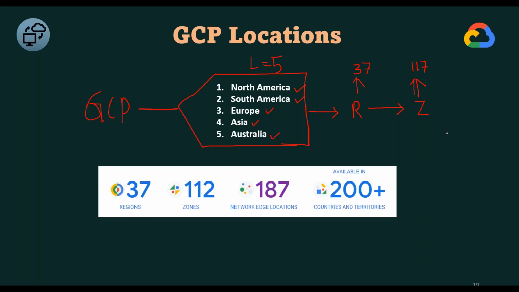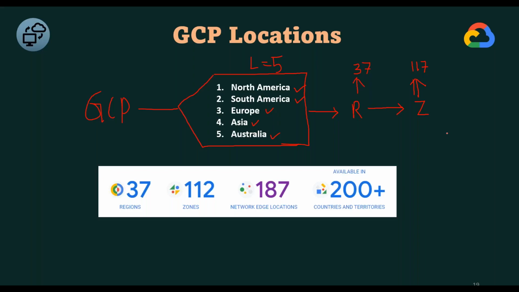Each state is now a region. Each state is further divided into districts, and each district has plenty of SBI branches. That is how GCP also divides its infrastructure.